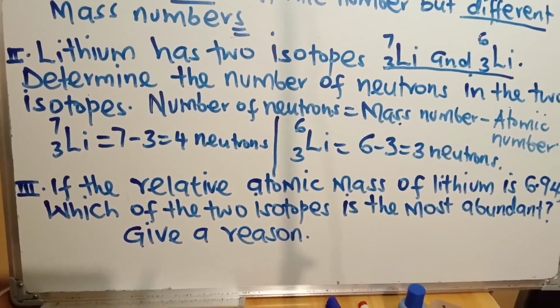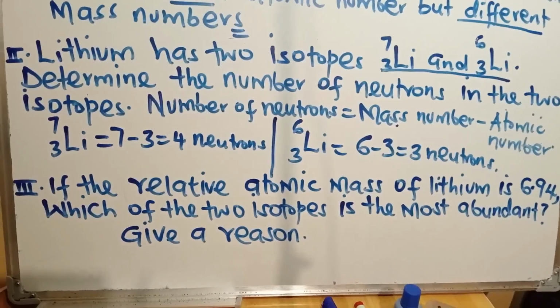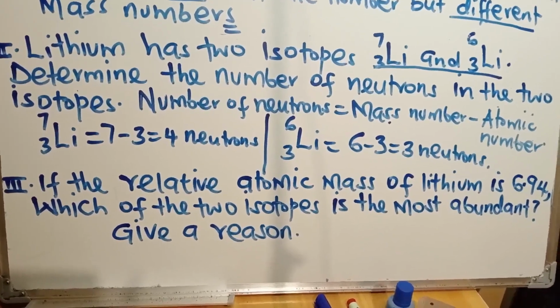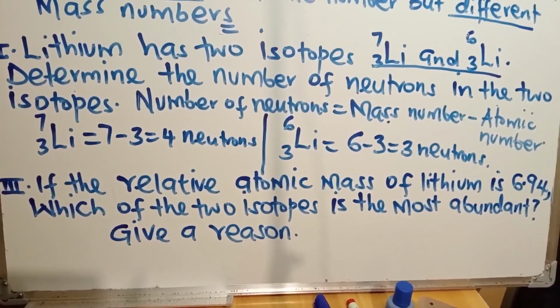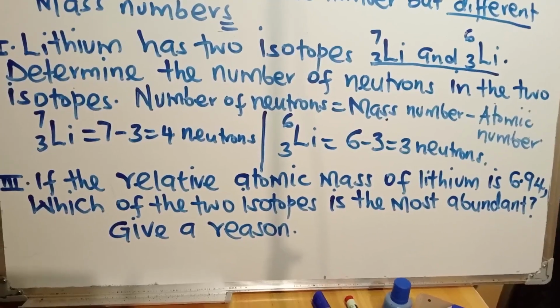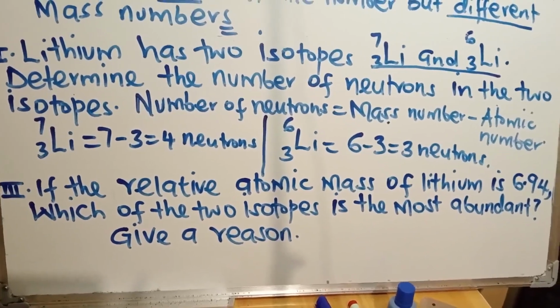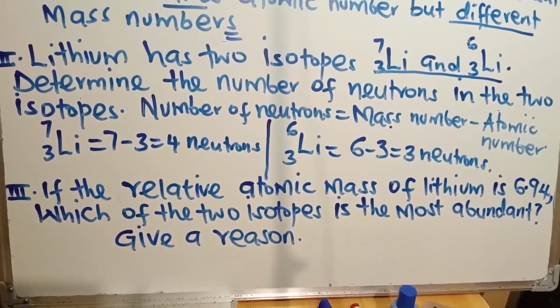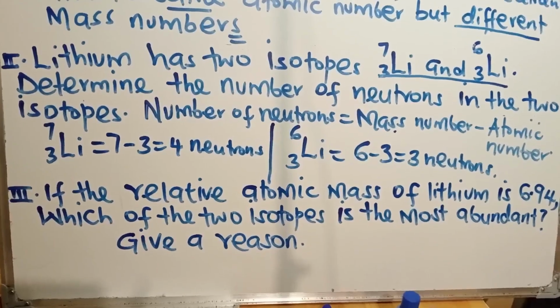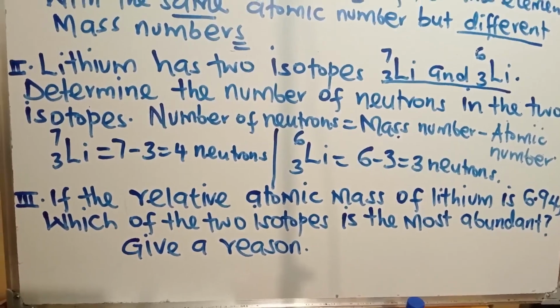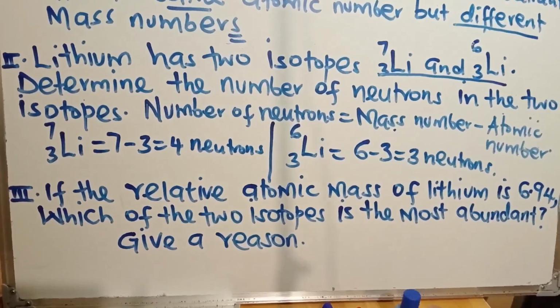Question 3 is asking us if the relative atomic mass of lithium is 6.94, which of the two isotopes is the most abundant? The most abundant means the one that is most common and is found in higher levels than the other.